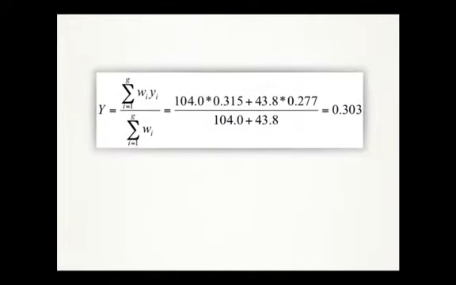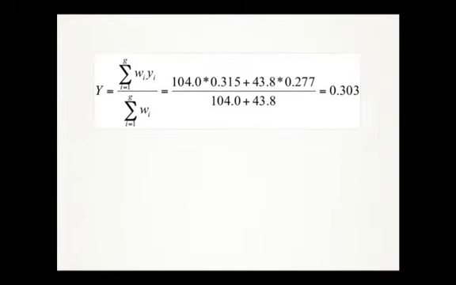That was the formula for this variable that we called y. Here it is. Remember the W's were the weights. We wanted to give more weight to the estimates that we were more sure of. And this is our estimate for the log of the odds ratio.